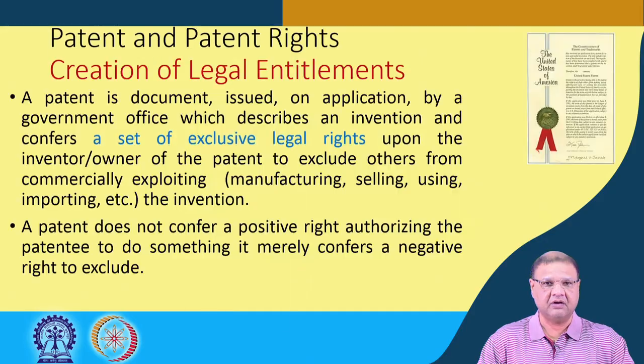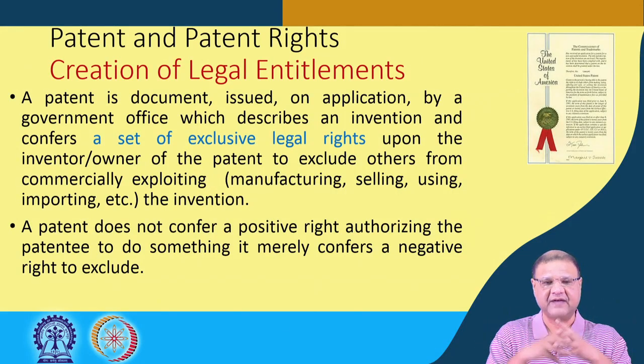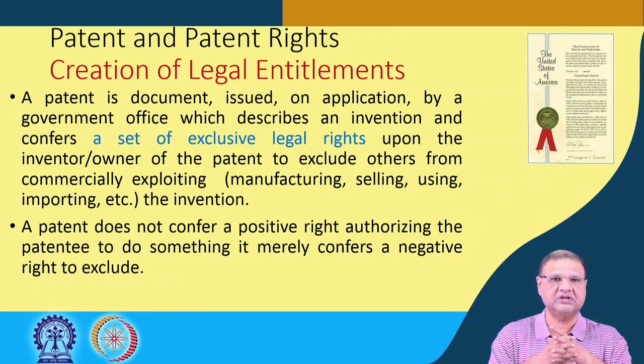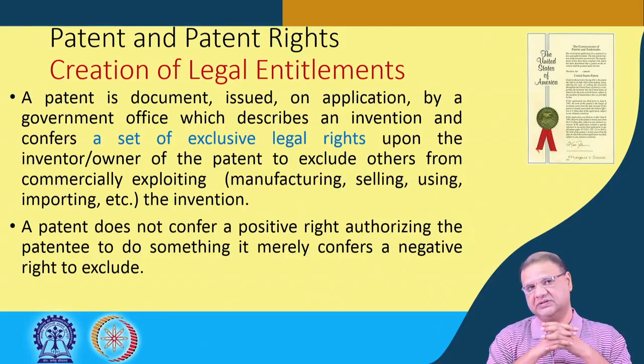And now we understand that when someone gets a patent, a document comes to him, and this document is a grant by the government, and it gives the person, the patentee, a set of exclusive rights, and he has the right to exclude others.